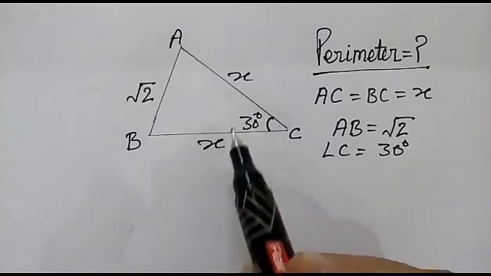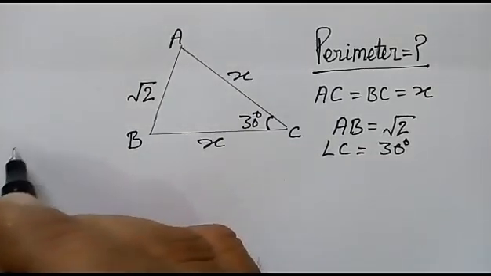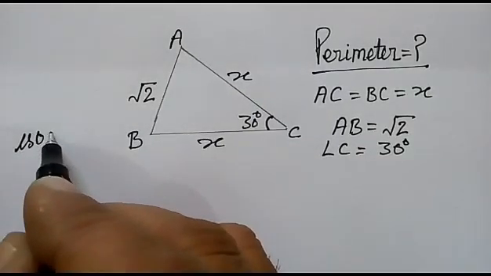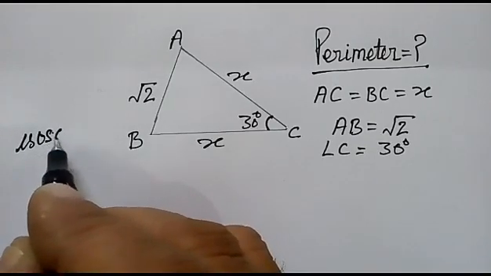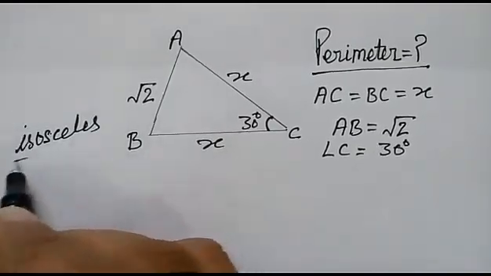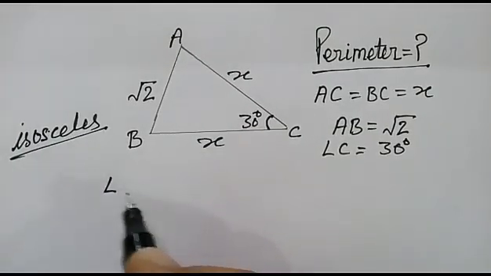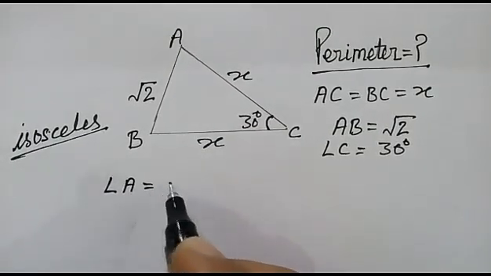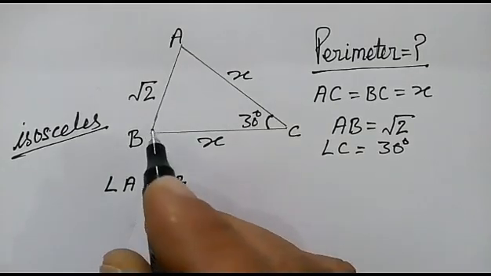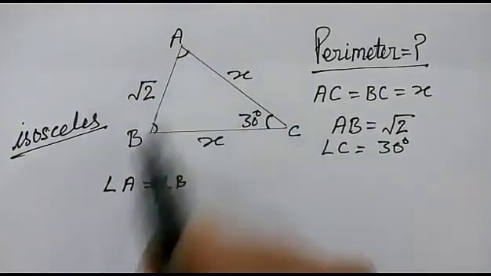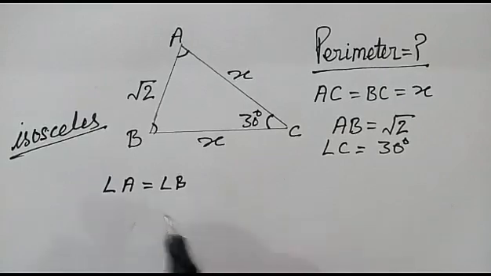As two sides are equal, the triangle is isosceles. Now, angle A is equal to angle B. This and this will be the same.